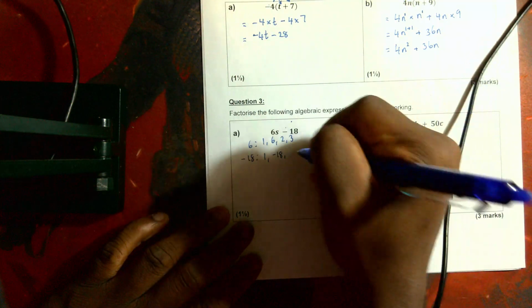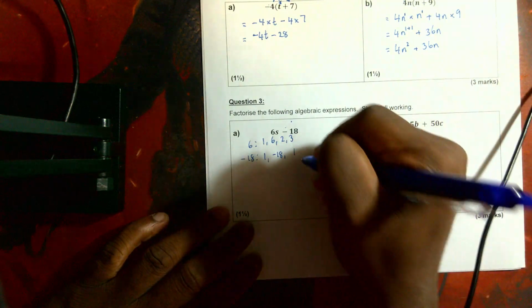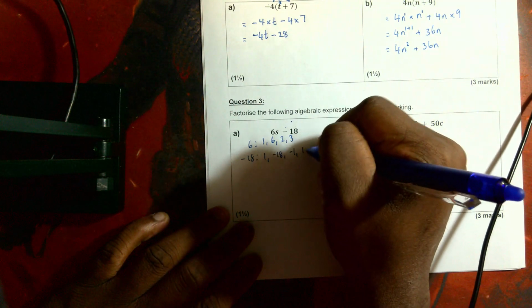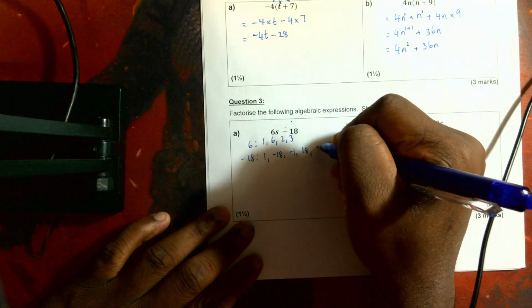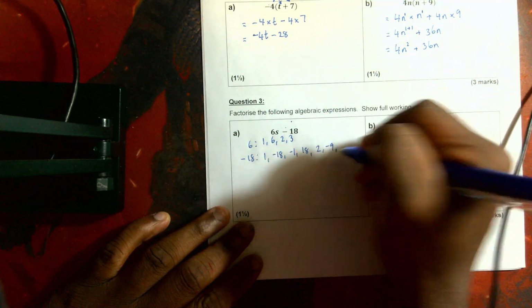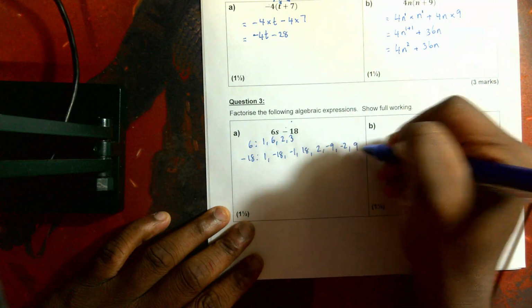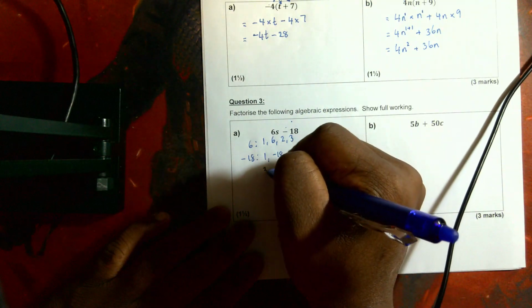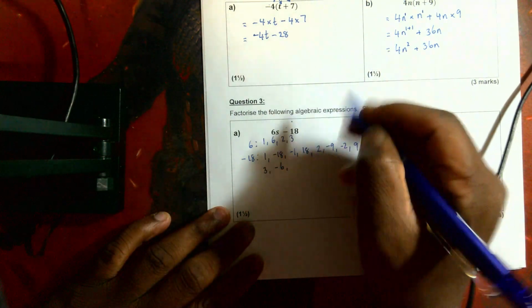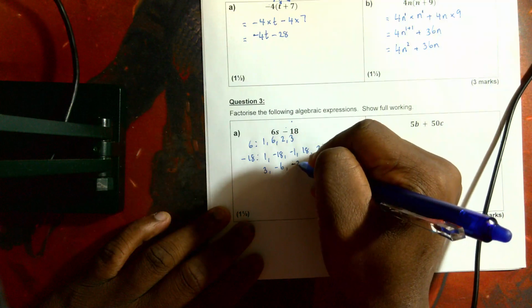And then we can flip that around, sorry, negative 1 and positive 18. We've got 2 and negative 9. Flip that around, we've got negative 2 and positive 9. We've got 3 and negative 6, and negative 3 and positive 6.